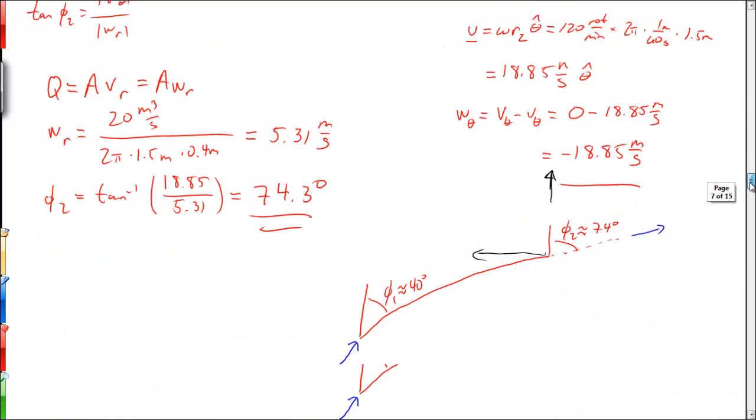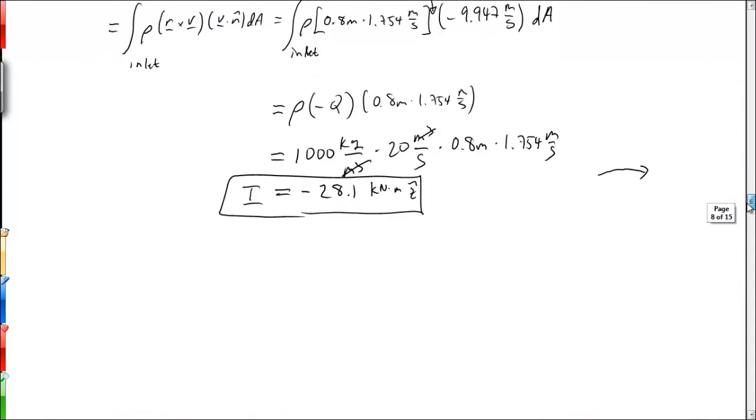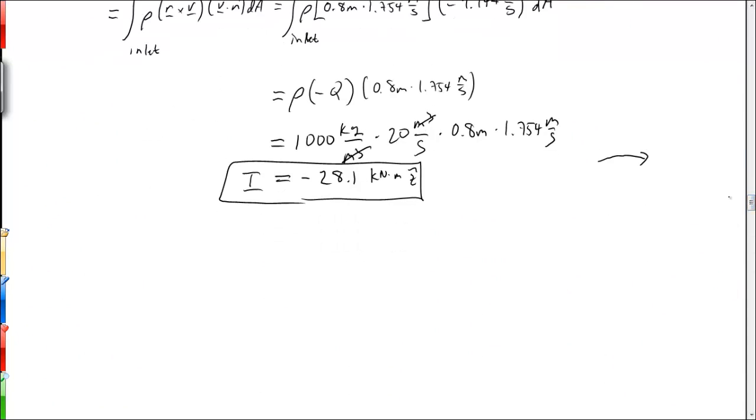And this is hopefully apparent to you because if we draw a control volume around both the stator and the rotor, we note that the water coming into the stator is coming in with no tangential component. The water leaving the rotor is coming out with no tangential component. And therefore, there is no net transfer of angular momentum around the control volume that includes both the stator and the rotor.